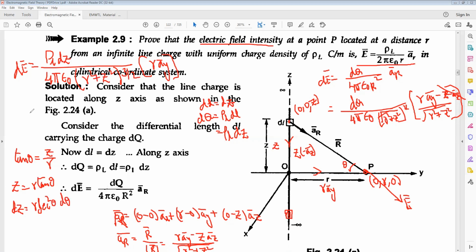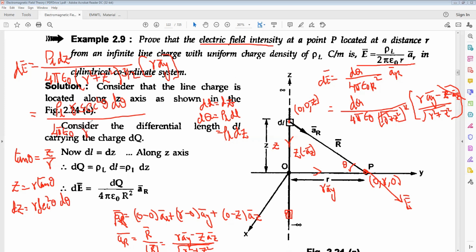Got it, my students? Now I can substitute here rho L into dz, meaning R secant square theta d theta, whole divided by 4 pi epsilon naught, R square plus Z square.